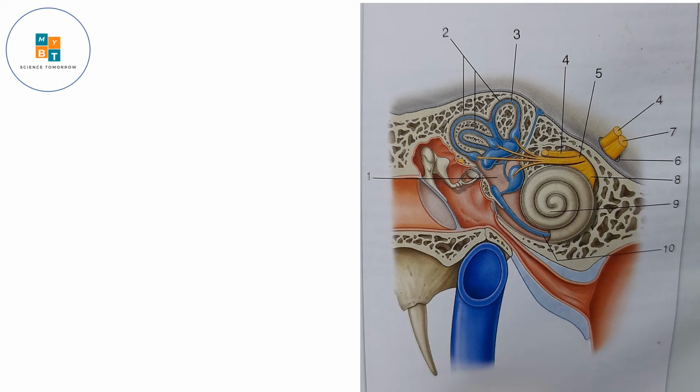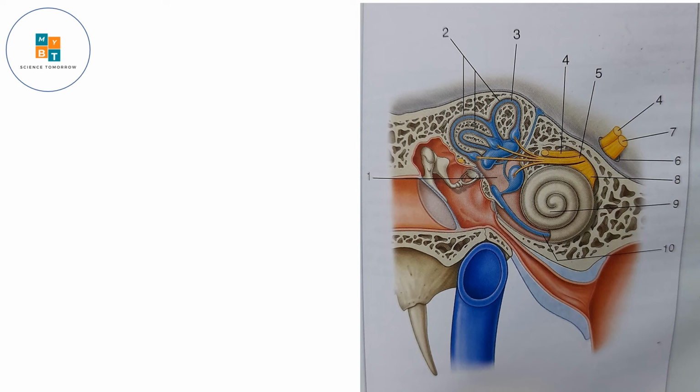So it is like this. The blue thing, the three semicircular canals, you can clearly see, and they are perpendicular to each other and connected to the utricle. Below that you have the saccule, another swelling, another sac.